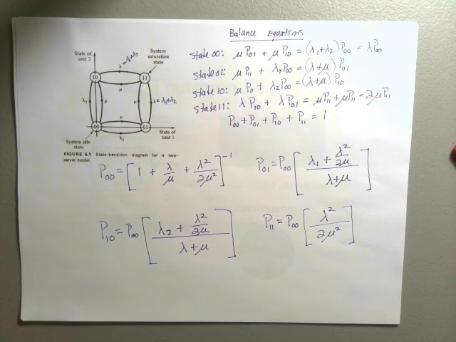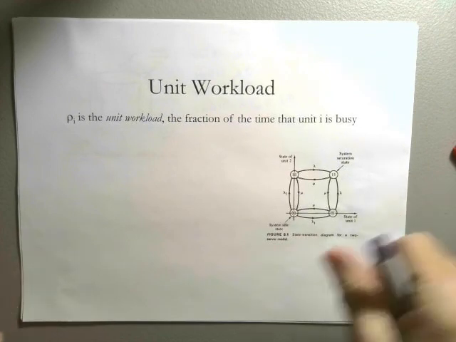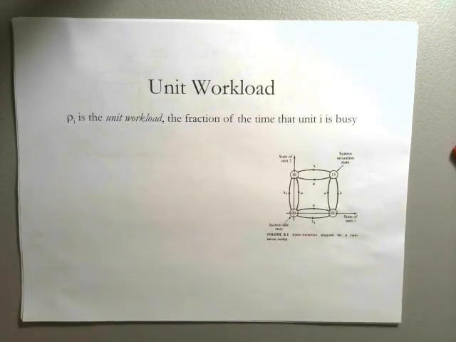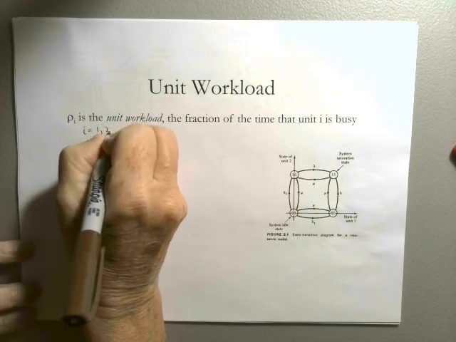And then the last slide of this lecture, it's kind of short, but I don't want to do too much too fast. We have this value, we're going to call it rho sub I, and that's going to represent the fraction of time that a particular unit is busy. Now remember, we don't have any Q here, and so the computation of rho I is really quite easy to determine. So for unit 1 here, so here we have I is, we have unit 1 and unit 2.